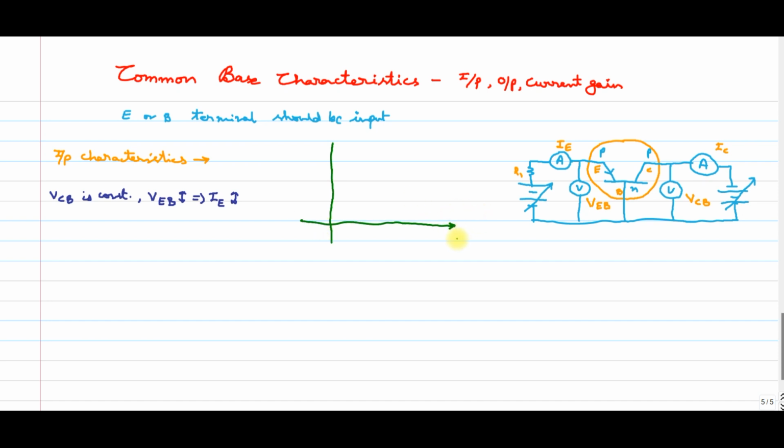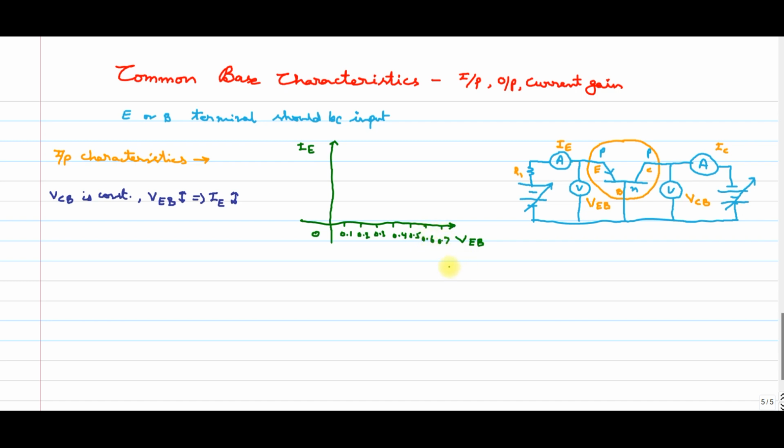I take the variation of VEB on the x-axis and the variation of IE on the y-axis, starting from 0. It's just like the PN junction diode characteristics. So 0.1, 0.2, 0.3, 0.4, 0.5, 0.6 and 0.7.